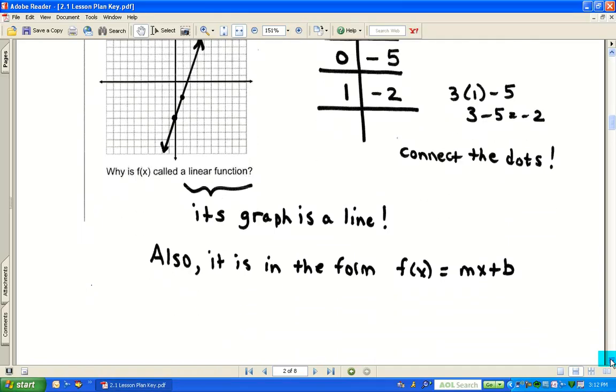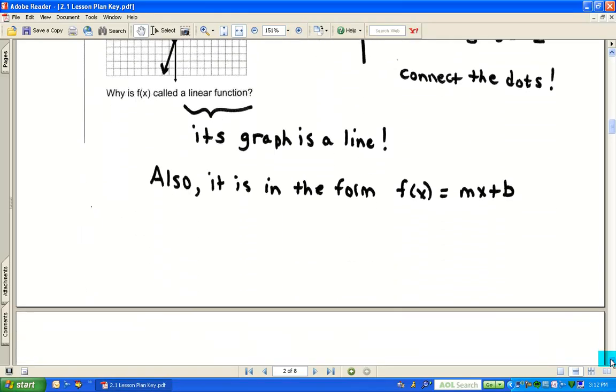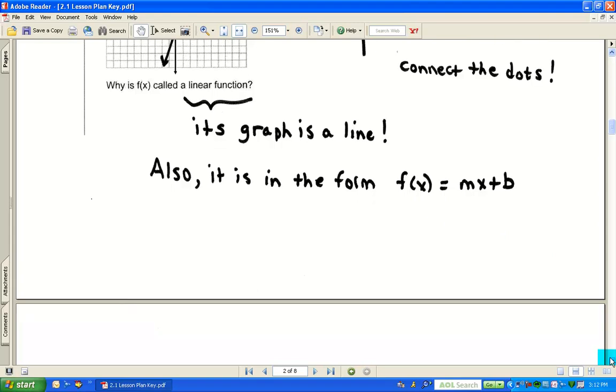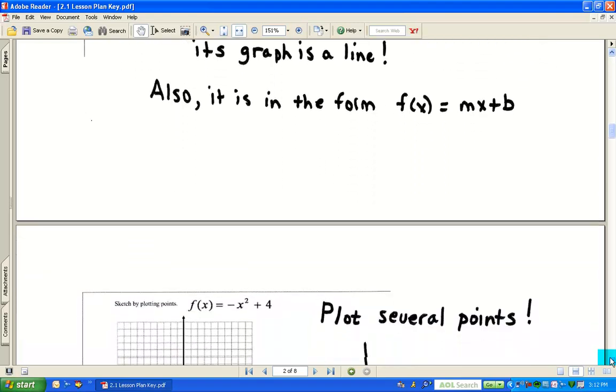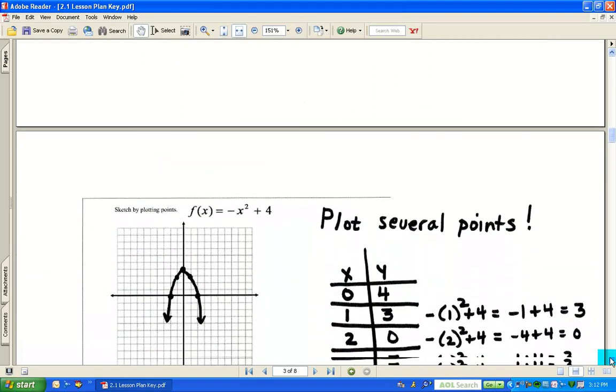Also, let me remind you, some of you again have been taught f of x, which is the same as y, equals mx plus b. This formula in your past courses has been called the slope-intercept formula, and we'll get into that a lot more as the course progresses. But right now, one way to graph linear functions is by plotting points.